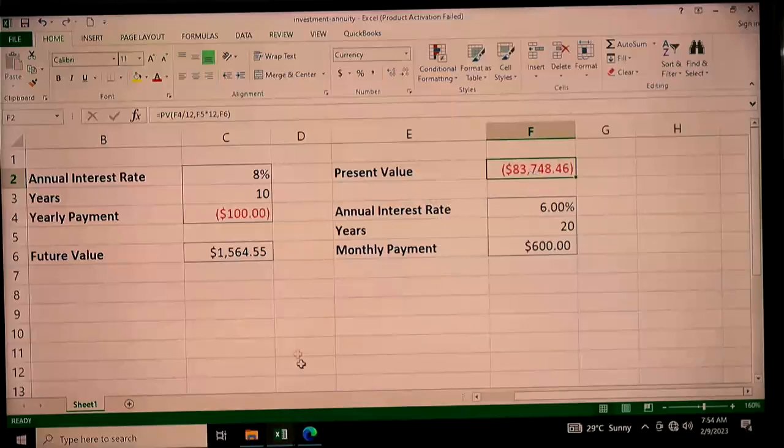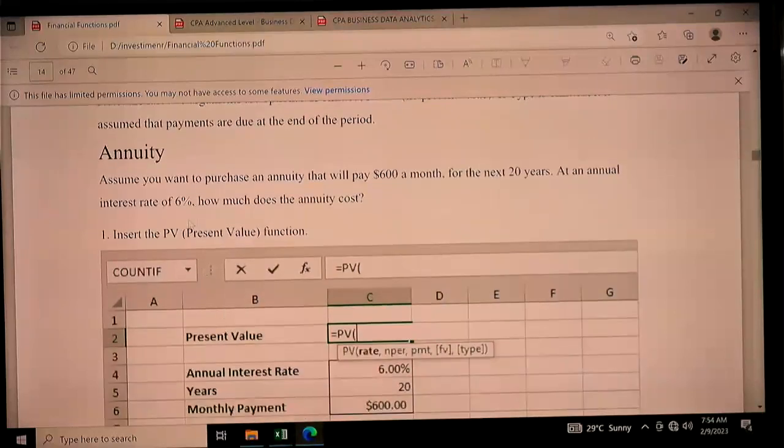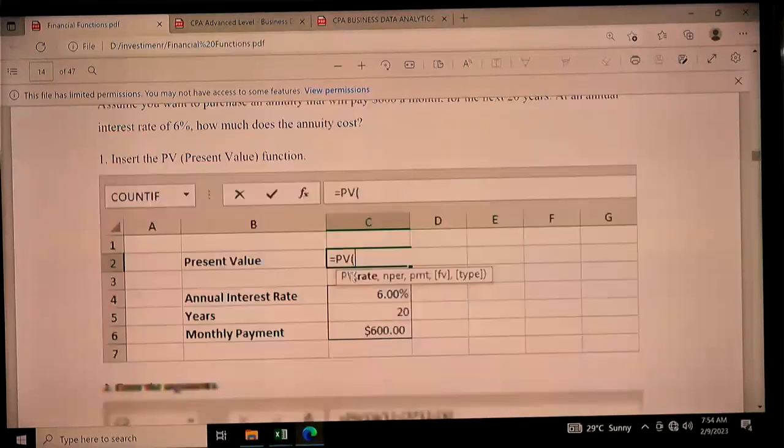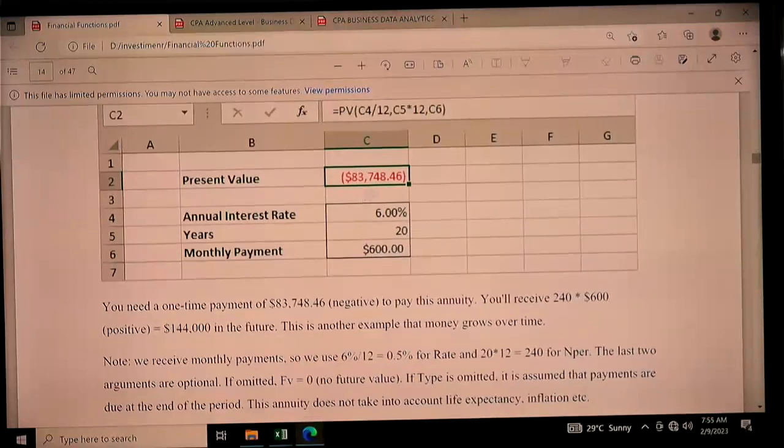So then our next discussion, after the present value: we have computed the present value, payment here, we have inserted the function, and the final result you get is this one here. So you need a one-time payment of this amount to pay this annuity. That is what it simply means.